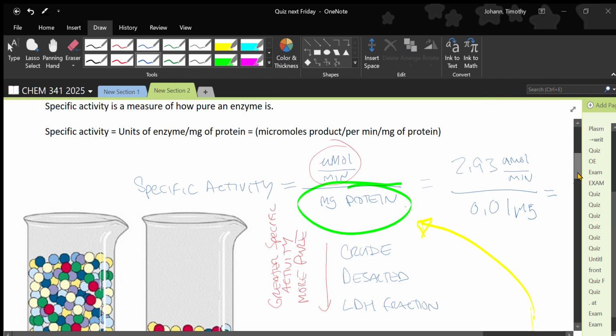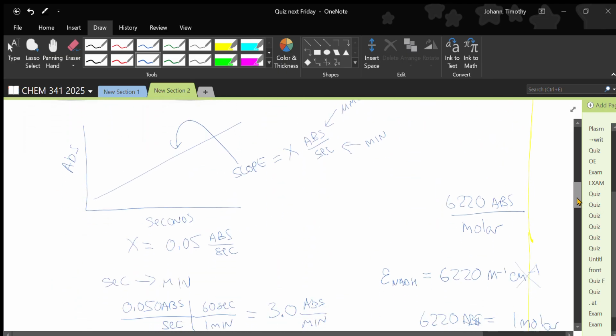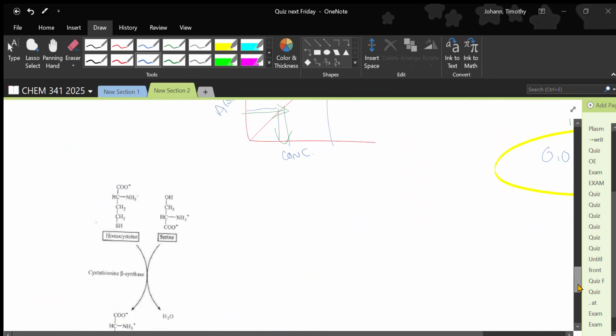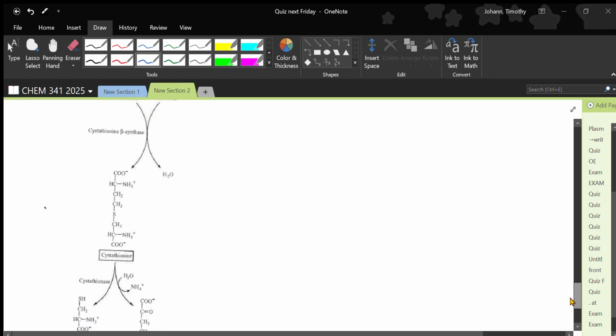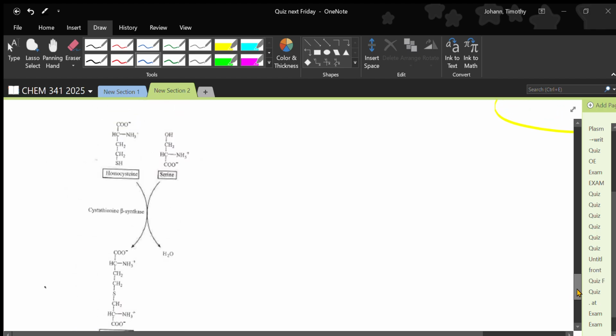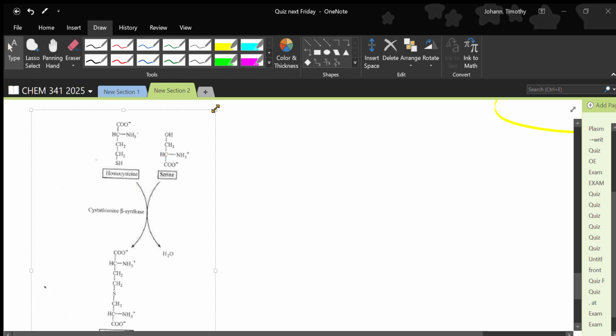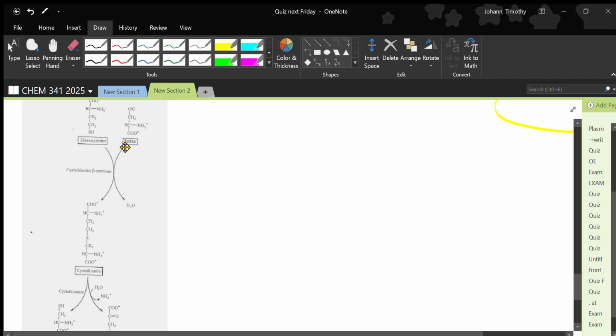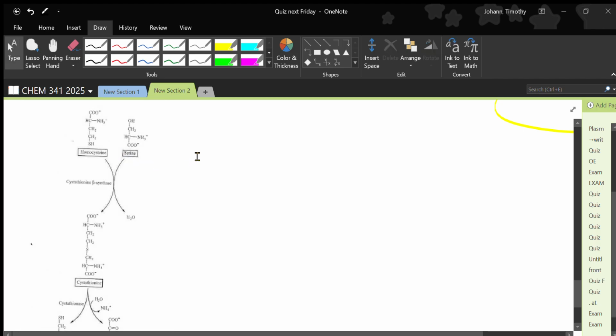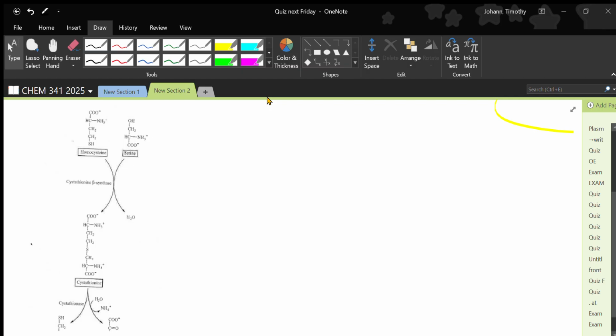Okay. Then what we're going to do is move on into talking about kinetics. I want to give you an example of why kinetics would be important. So this is a reaction that's catalyzed by an enzyme called cystathionine beta synthase.